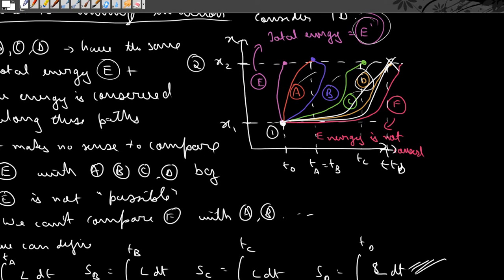If D is not minimum among these three paths, which are these two white paths and the brown D path, but D is minimum among A, B, C and D, we cannot conclude that D is the correct path, because when you consider this point and this point as the boundary points, the action corresponding to D is not the minimum among all possible paths which begin at this point and end at this point.